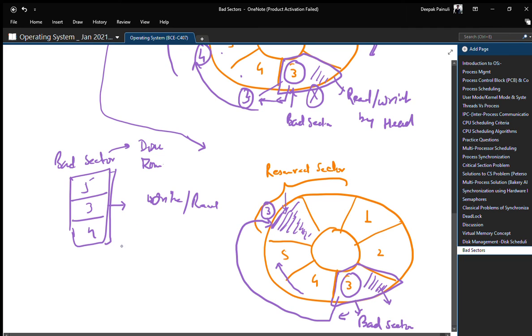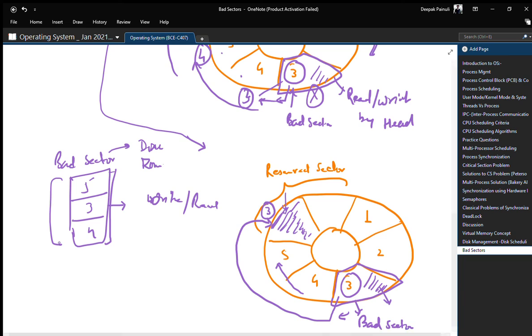It will only read or write on those sectors which are not defined in the bad sector list. So currently many manufacturers provide the bad sector list in their disk ROM, so that the head movement will go to only available, non-corrupted sectors of that particular disk, right?